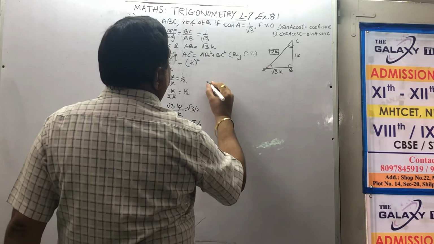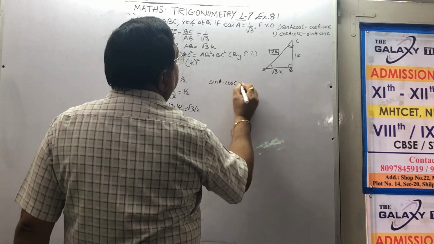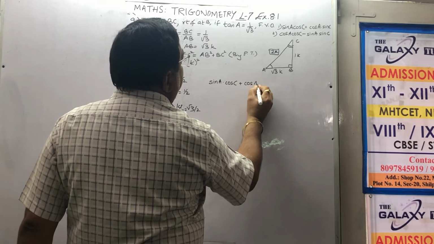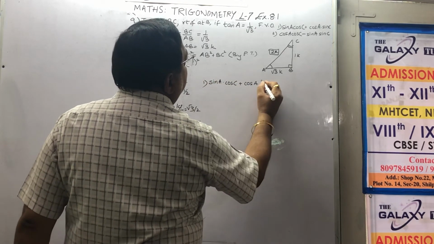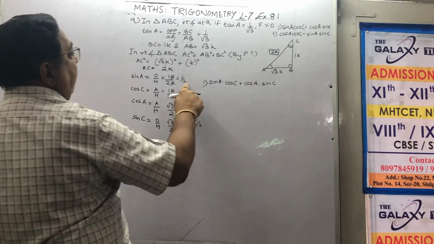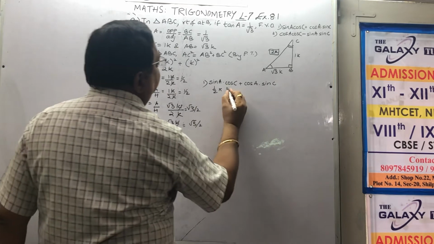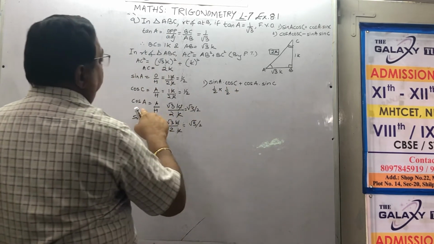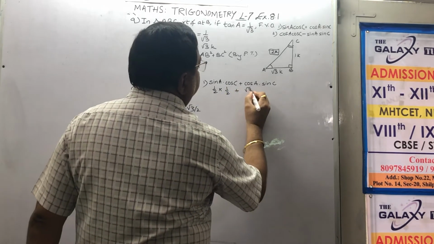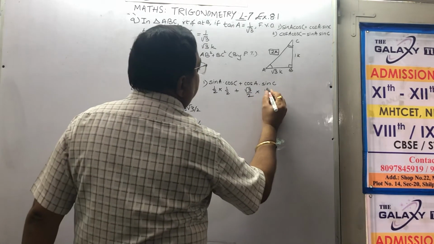Now I have to find sine A cos C plus cos A sine C. Bring the values. Sine A is half. Cos C is half. Cos A is root 3 by 2. Sine C is root 3 by 2.